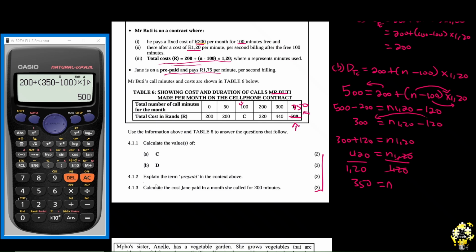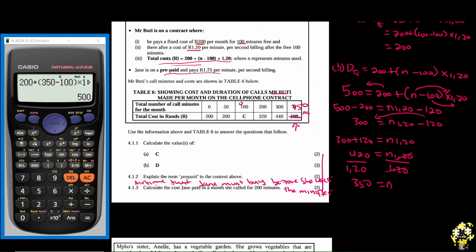So in this context, it is the airtime, or the money, that Jane must buy before she uses the minutes. You pay before usage. That is prepaid. Postpaid, you pay after usage.